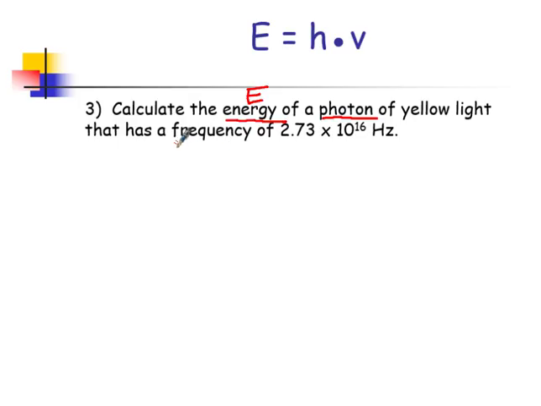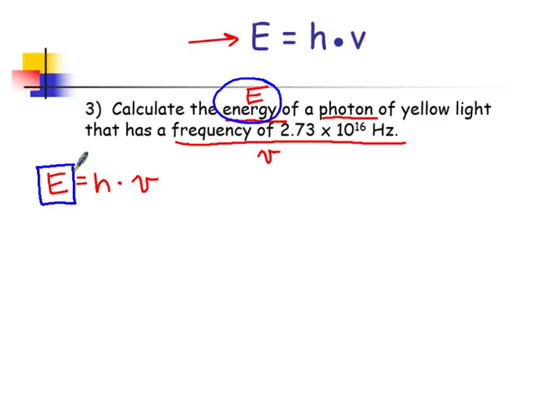And we've got this frequency of all this jazz. That is your V. So we choose a formula. Well, here it is up here. It's our new one. E is equal to H times nu, or frequency. We are trying to find, calculate the energy.